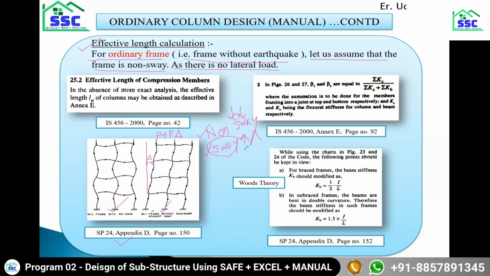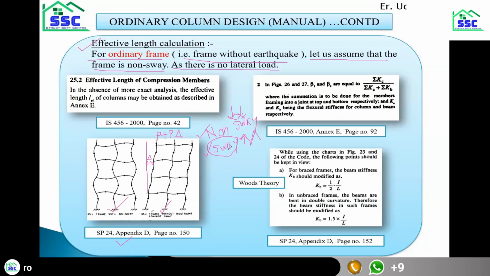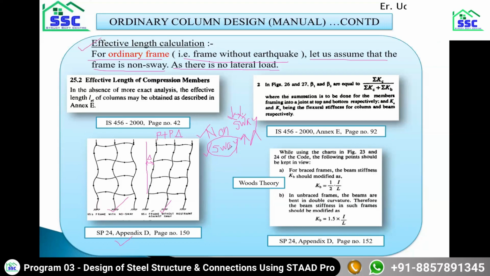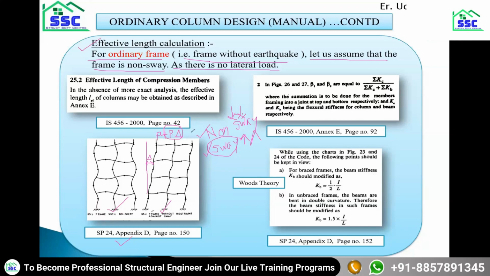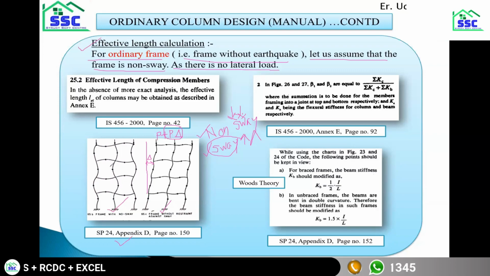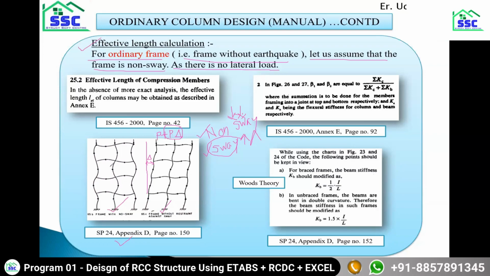So in a sway frame, due to weak lateral load resisting elements, you get higher lateral deflections, and as a result you have to consider the effect of this P delta in your design. But if your frame elements are strong enough to resist the lateral load, there will still be deflections, but they are not significant enough to consider in your design.